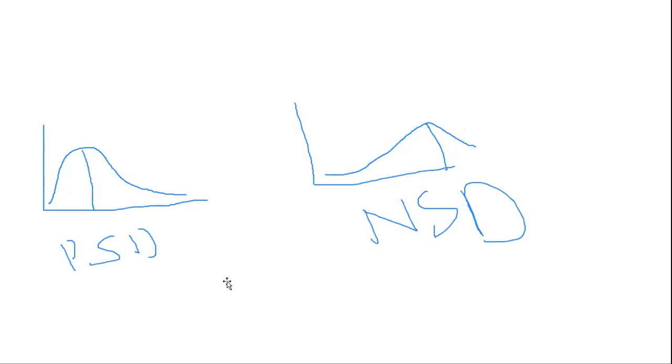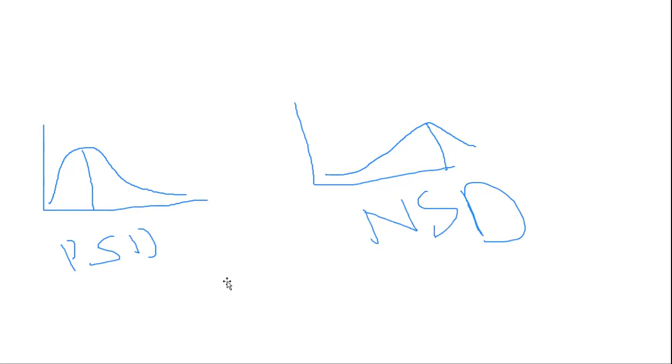So a skewed distribution can be either positive or negative, and we have shown both graphically.